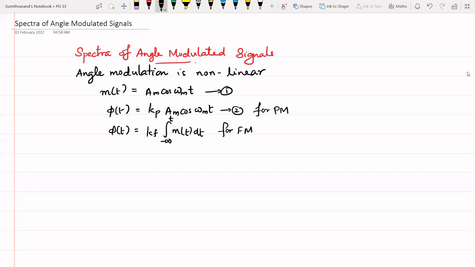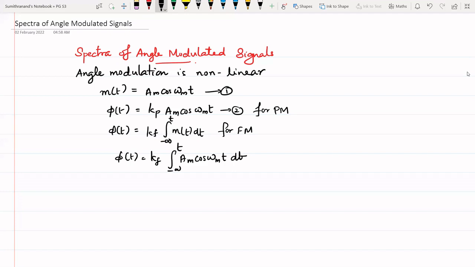Or we can write phi of t is equal to kf into the integral from minus infinity to t of m of t, which can be written as Am cos omega m t dt.